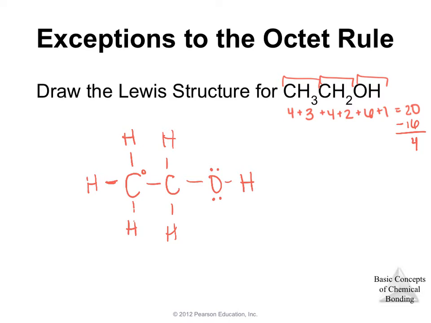This middle carbon came with 4, and it has 4. That's 0. Oxygen came with 6, and it's got 2, 4, 6. And each hydrogen came with 1 and has 1. So those are all going to be 0. Notice I just stick those formal charges into the actual drawing. Sorry, that should be a 0, not a 6. So all the formal charges are 0. This is a good structure.